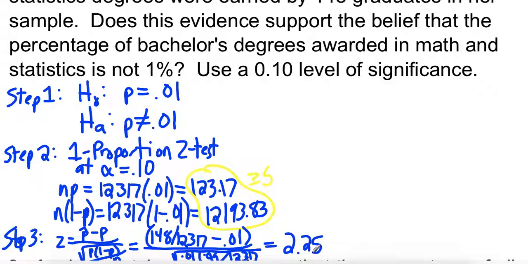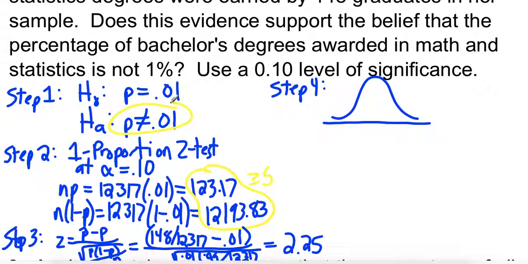Okay. All right, so now we need to make some conclusions about what we just talked about. Now remember, this is a two-tailed test. So even though we got 2.25, since it's not equal, we also need to look at negative 2.25.